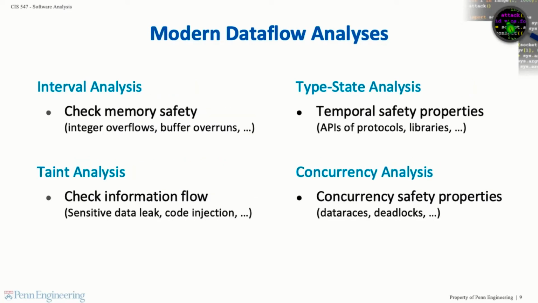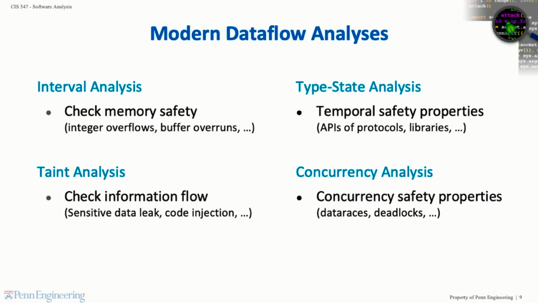Besides the classic dataflow analyses that one might expect in the literature on compilers, dataflow analyses also underlie a variety of tools that are used in the software industry today for improving software quality. Some of these modern dataflow analyses include interval analysis, type state analysis, taint analysis, and concurrency analysis. Interval analysis is used to check various memory safety properties of programs.